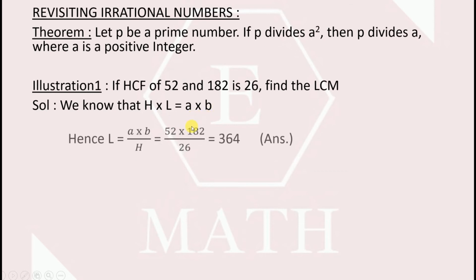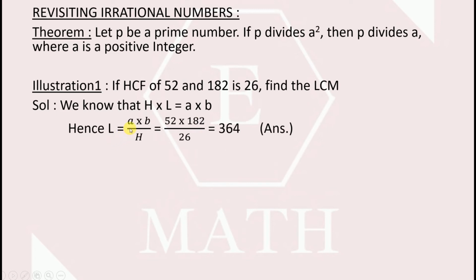So we can solve for L like this: the product of a and b divided by H. The product of the given two numbers, 52 and 182, is substituted here, and divided by H, which is the HCF of the two numbers, 26. So 52 into 182 divided by 26. After cancelling and multiplying, we get 364, which is the LCM of the given two numbers. Hence, the LCM of 52 and 182 is 364.